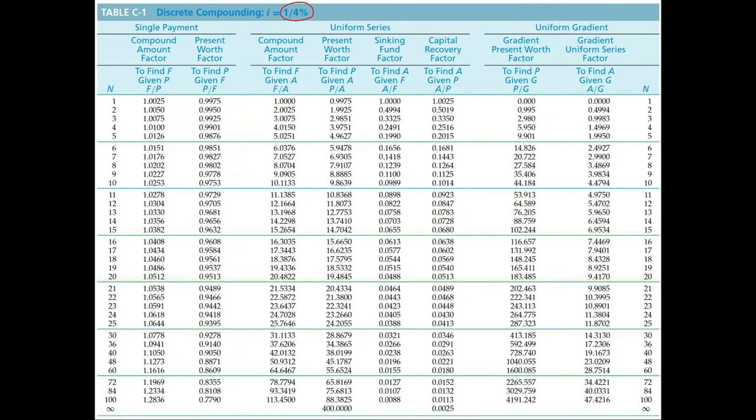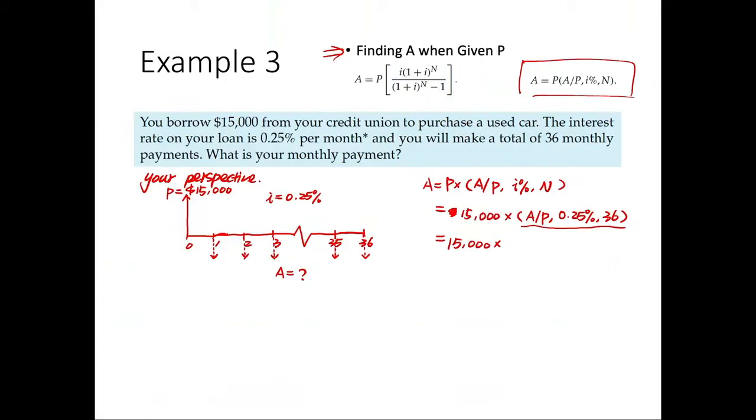Okay, so that table is here. 0.25% is a quarter, okay? And then you want to find out A given P, so this is the column. And how many periods? 36. Okay, so let's just see which is, so this is the factor you want to use.